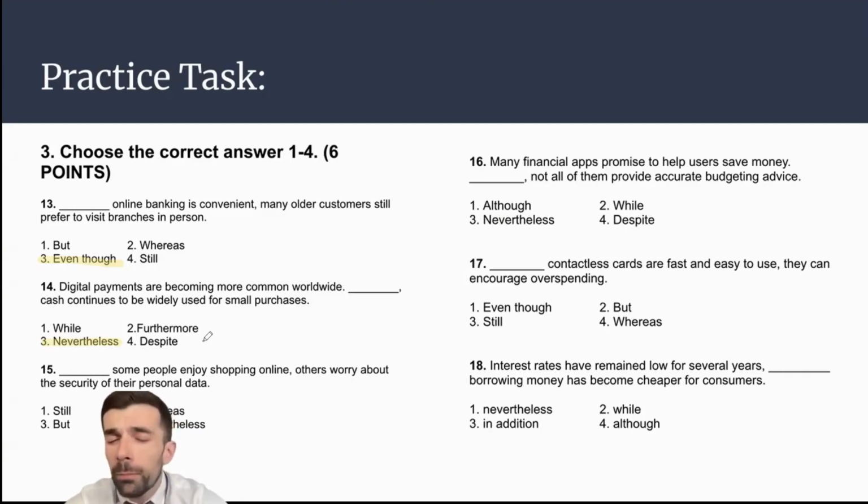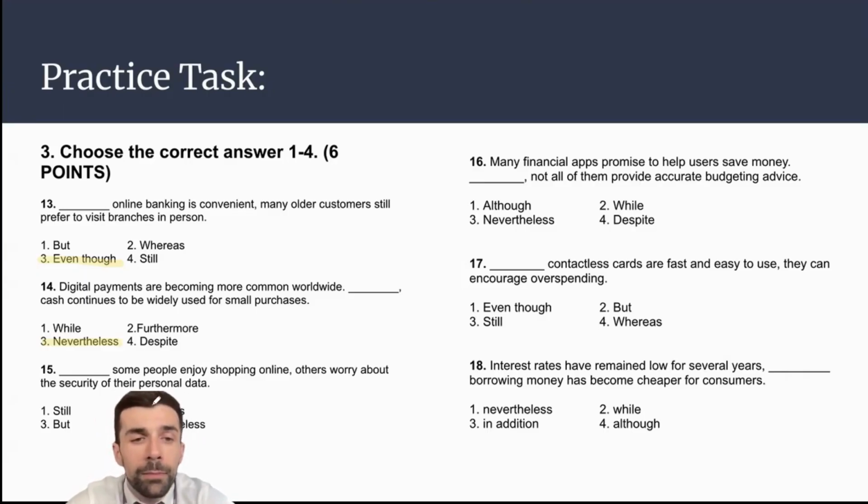While would work by idea, but it needs to be in the same sentence. Becoming more common worldwide, comma, while cash continues to be widely used. Furthermore doesn't work because this adds similar ideas, not opposing ideas. And despite doesn't work because we need a noun after despite this or despite something.